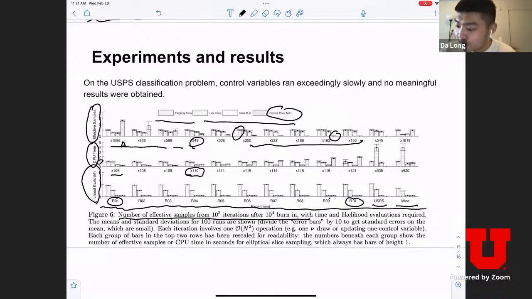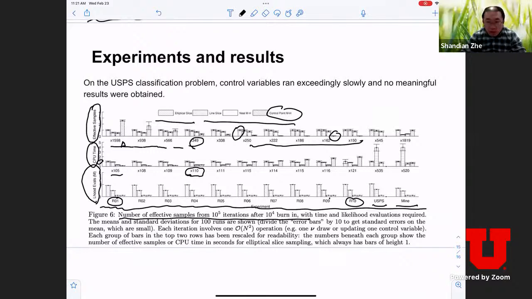There are 4 methods here. The first one is for the elliptical slice sampling. Okay. Yeah, and when the dimension is high, the control point image almost failed.